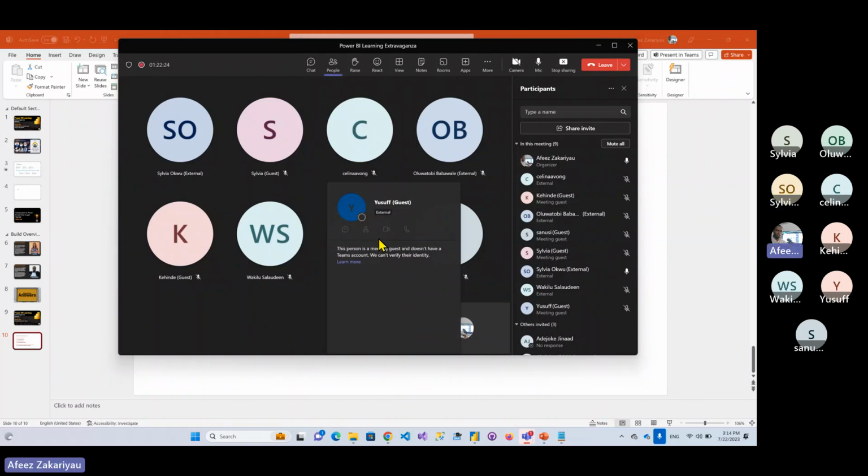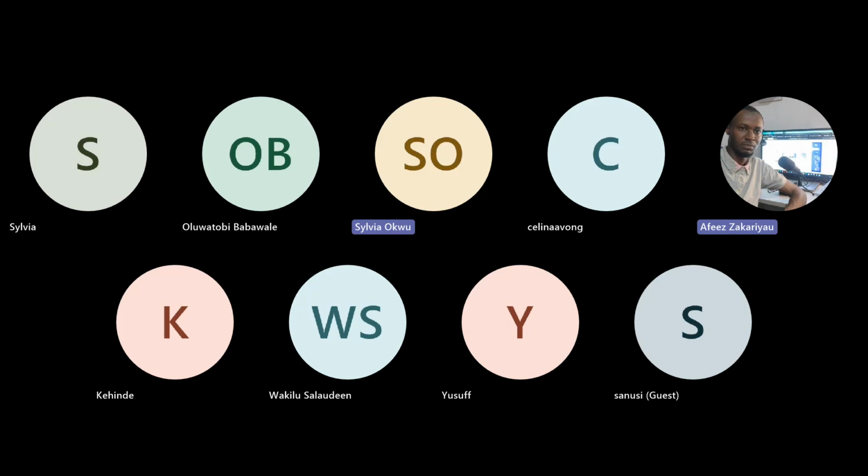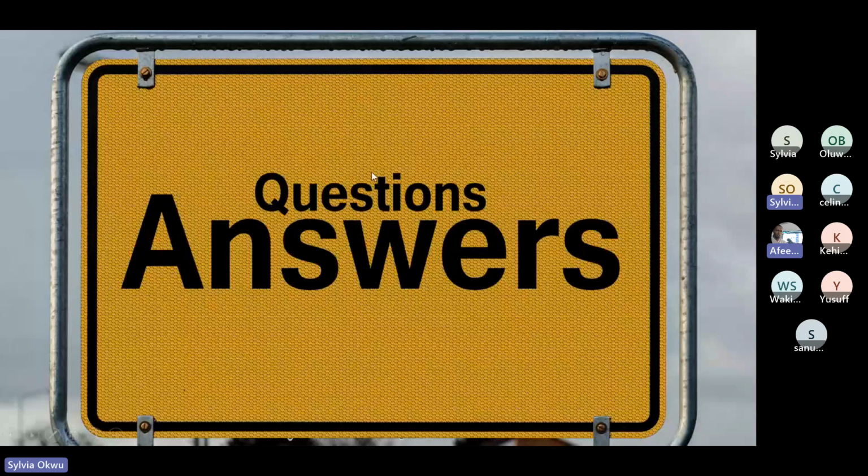Sylvia, I don't know the type of data source you want to share with them. You can drop it on the group chat and also the Telegram. Whoever has interest, or while uploading this on the YouTube channel, we can add the link to that data source. So share it with everybody.